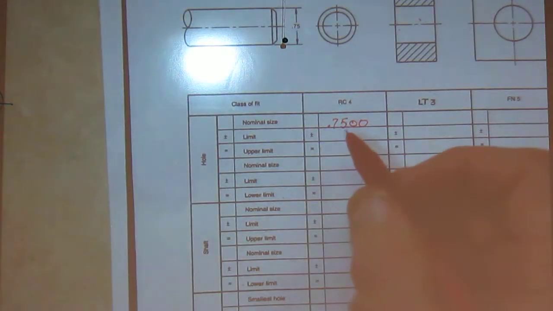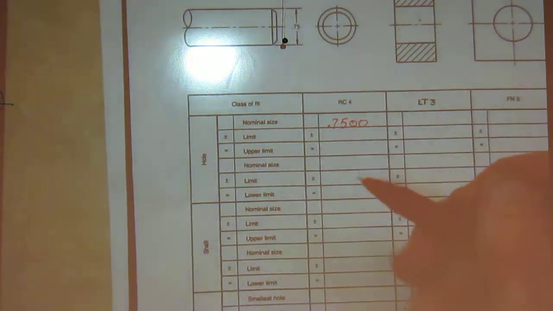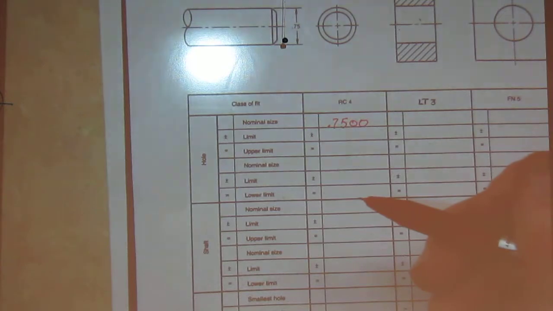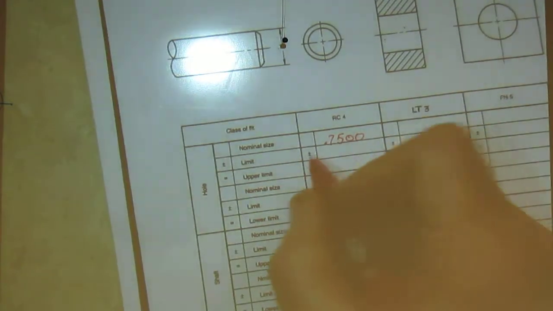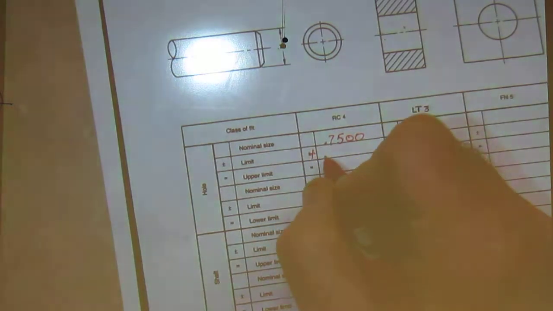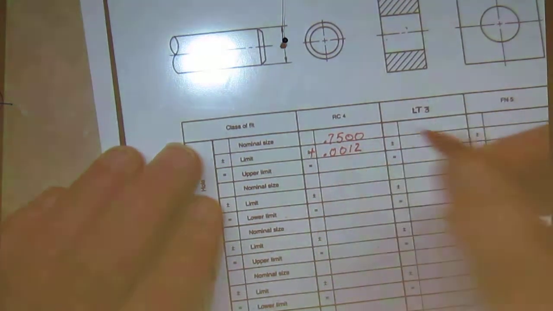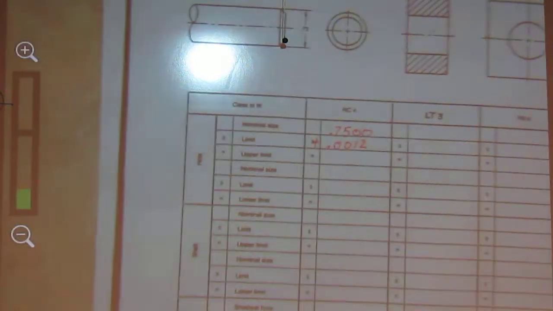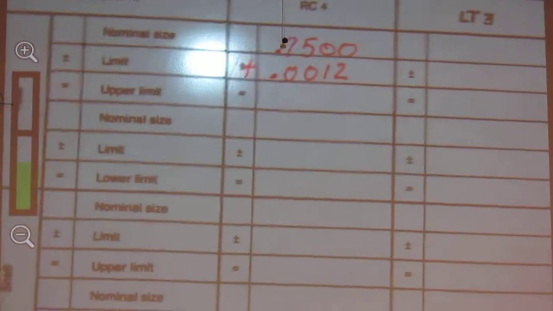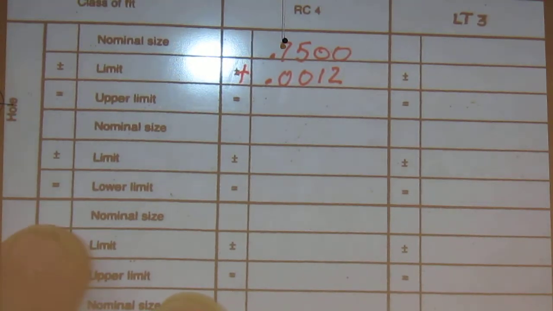So you would look on that chart, and we're dealing with the hole. I've got a plus 1.2. Does everybody have that same number? Yes. Okay, so this is a plus 0.0012. I'll kind of zoom in on this a little bit. Okay. So it's a plus 0.0012. Does everybody understand where I got that number?